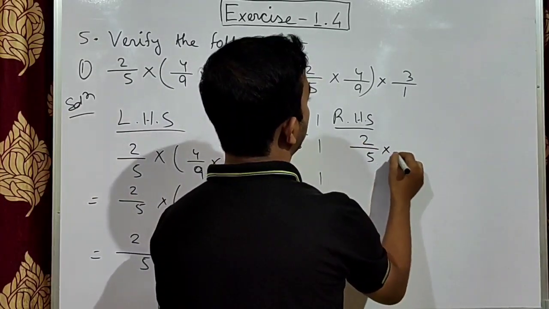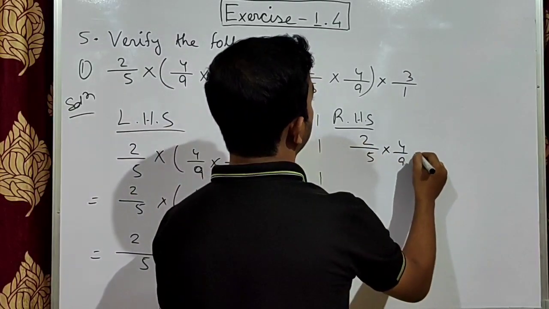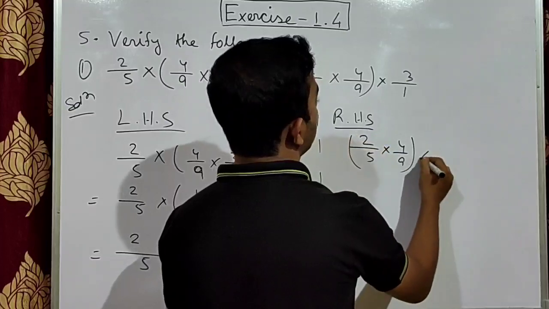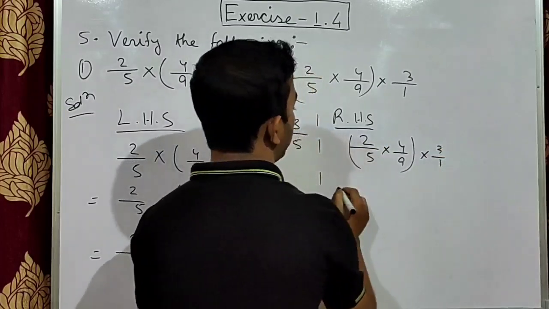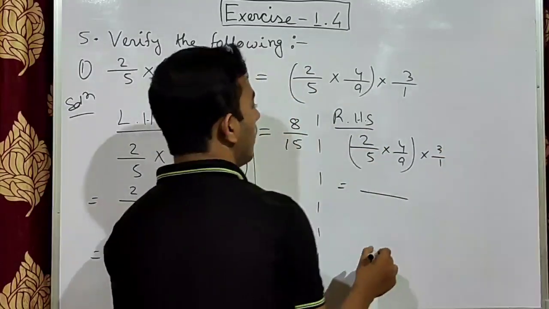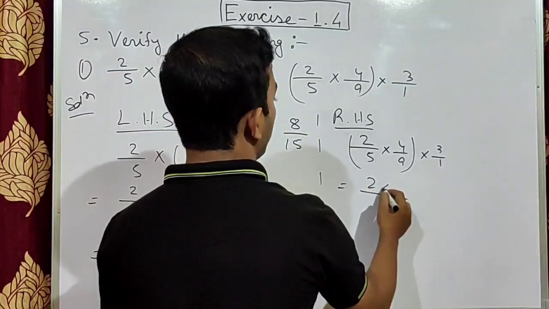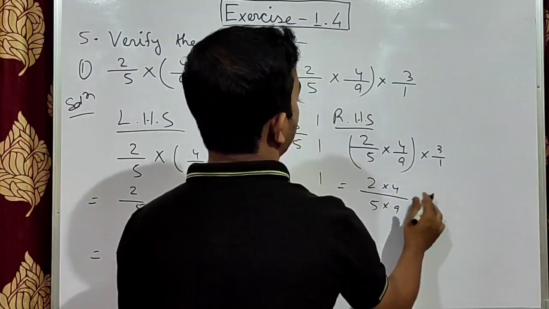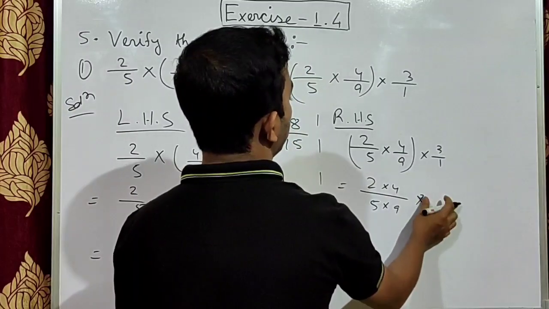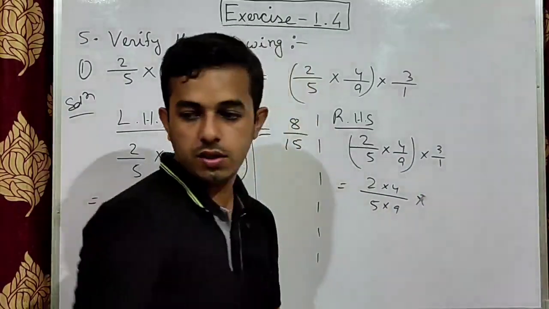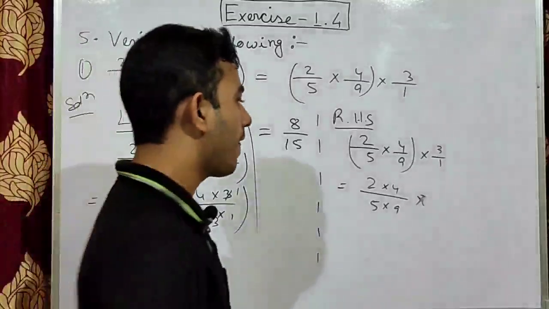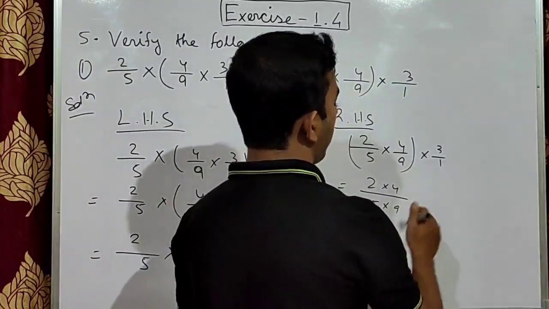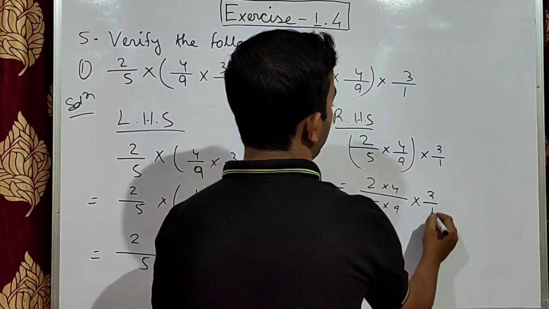2 by 5 into 4 by 9 into 3 by 1. So numerator into numerator, 2 into 4, 5 into 9, into 3 by 1.